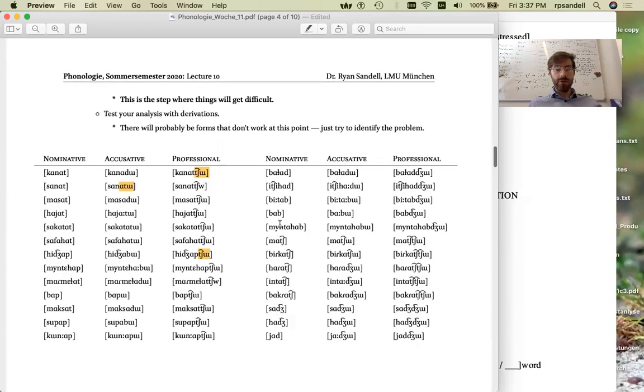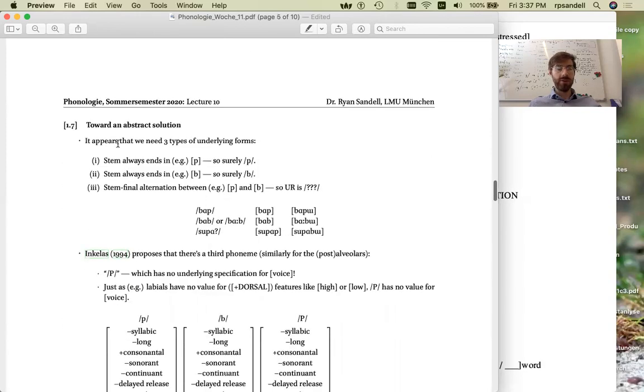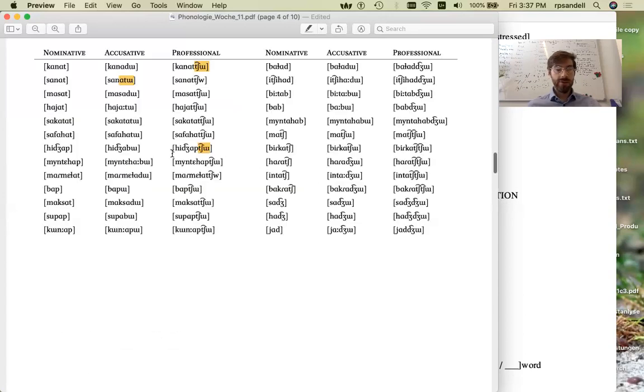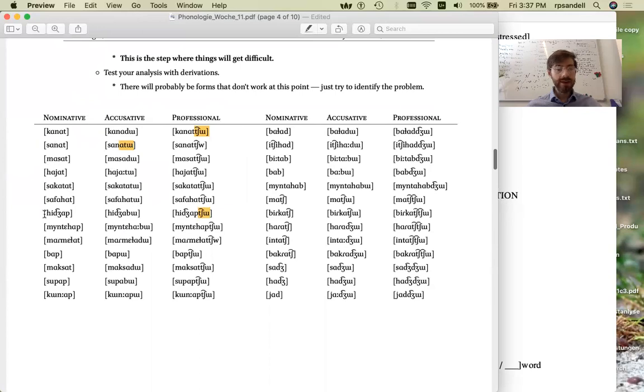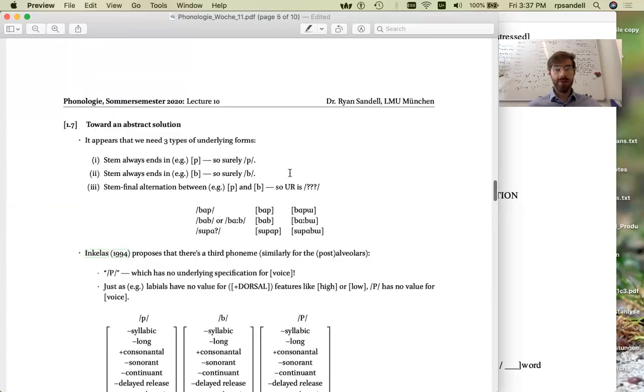So let's return to the problem of the stems and summarize for a moment exactly what this problem is. We have stems, of course, that always end in P, so those must have an underlying voiceless labial stop. There are stems that always end in a voiced labial stop, so those must always have an underlying voiced labial stop. But there are stems like, for instance, hijab, hijabu, which show an alternation between pa and ba.